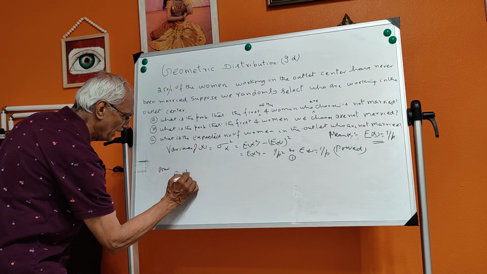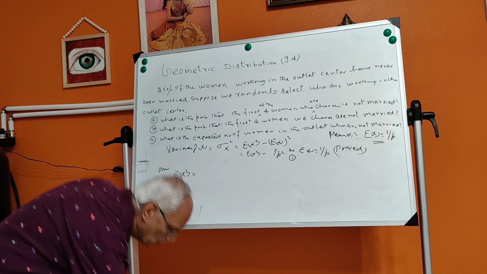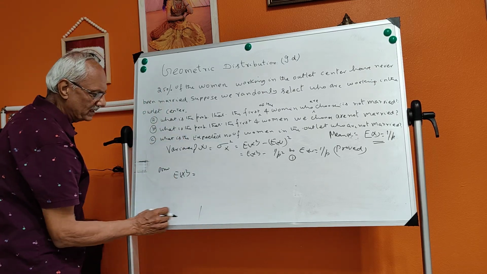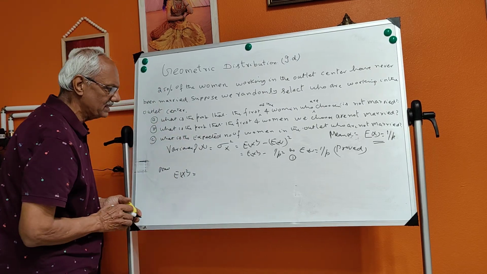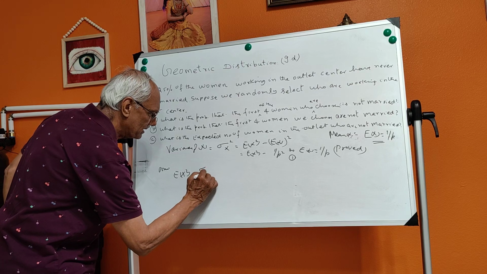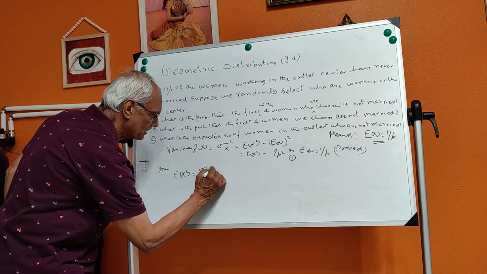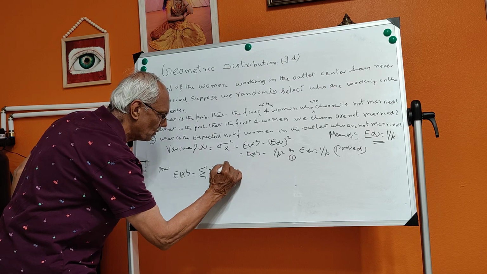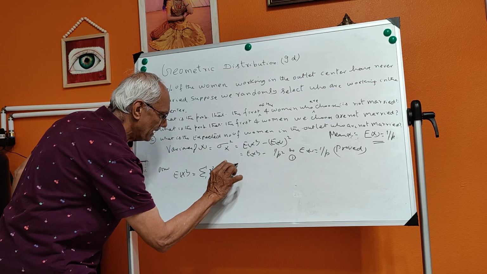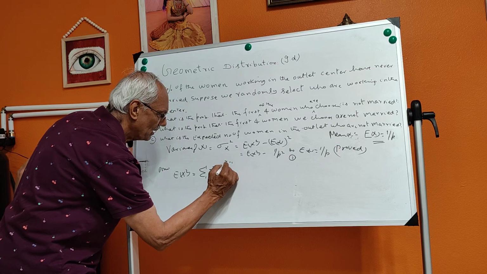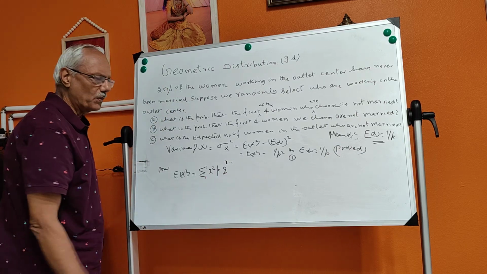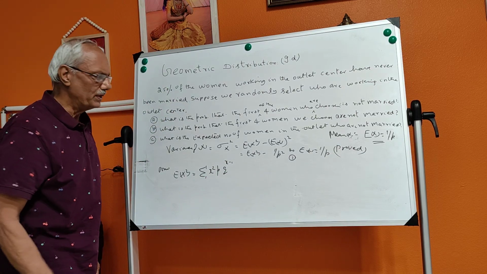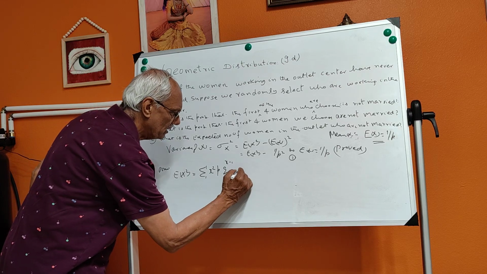Now, E of x squared is equal to, so I can write this E of x squared using this. Because this is the probability mass function of the geometric distribution, q to the power of x minus 1, I cannot straight away find this.